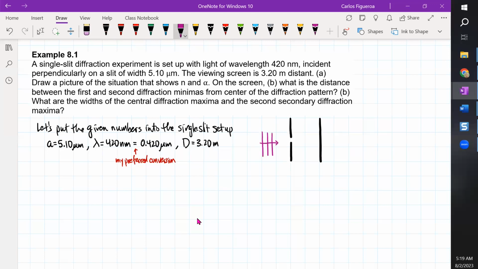We know that its wavelength is 0.42 microns. Now the slit opening, or the aperture, is then going to be a equal to 5.10 microns. And then our final parameter is going to be D, which is 3.20 meters.